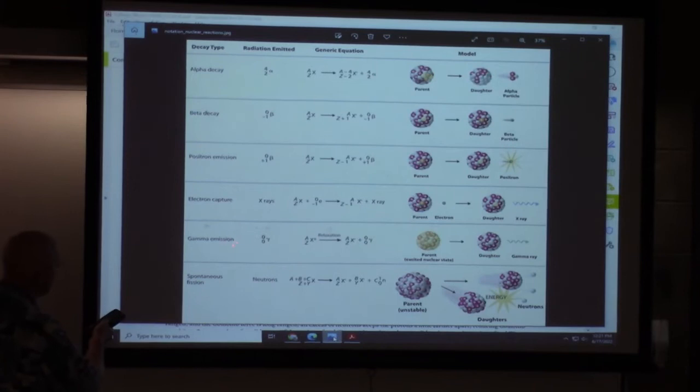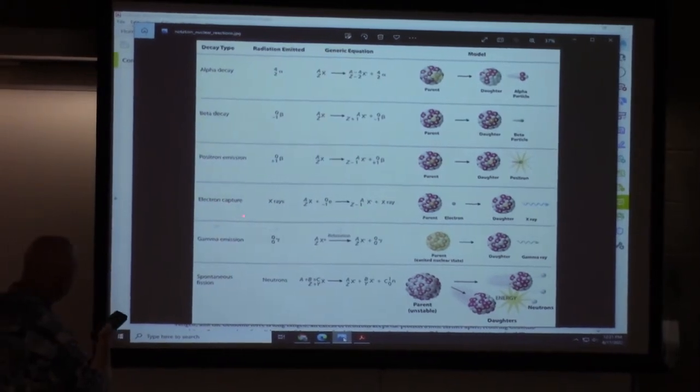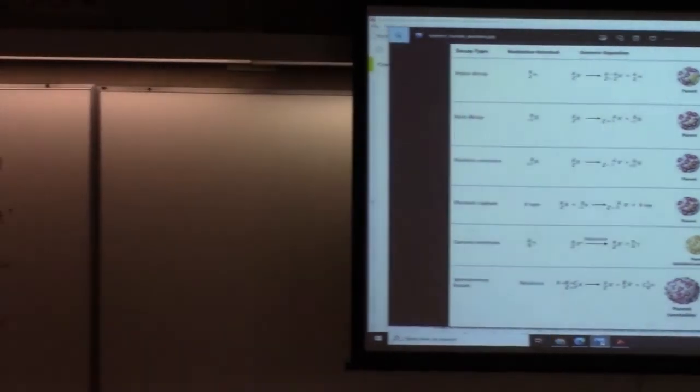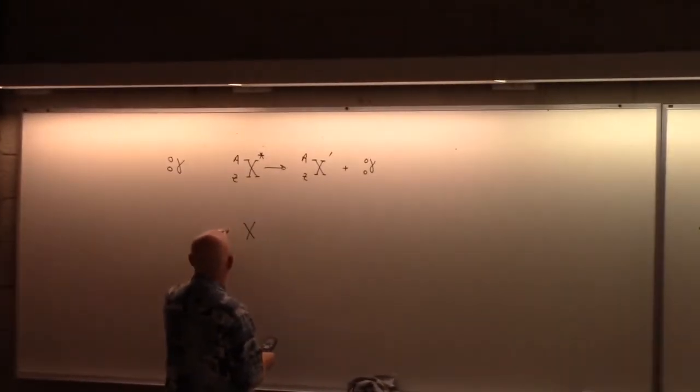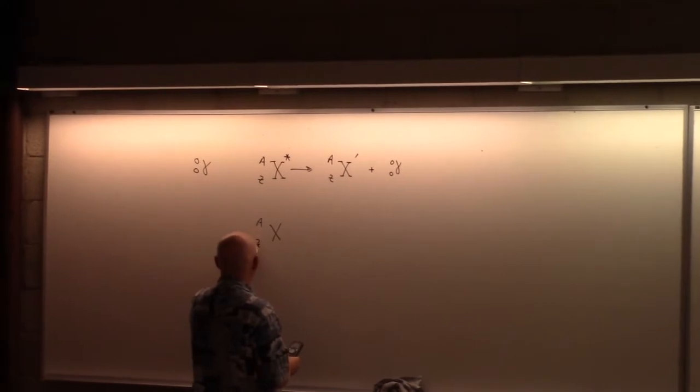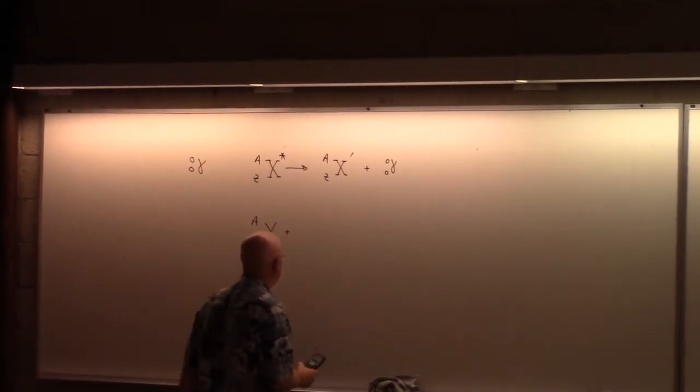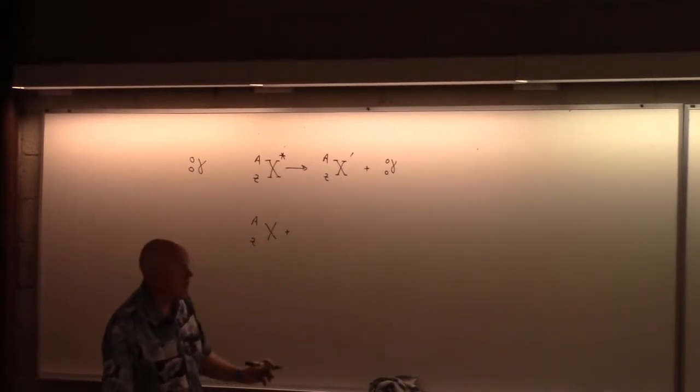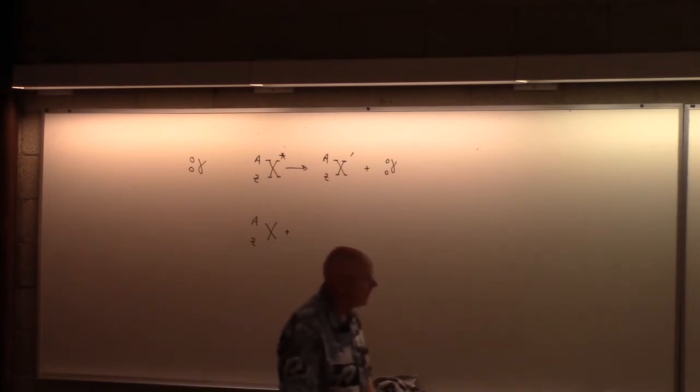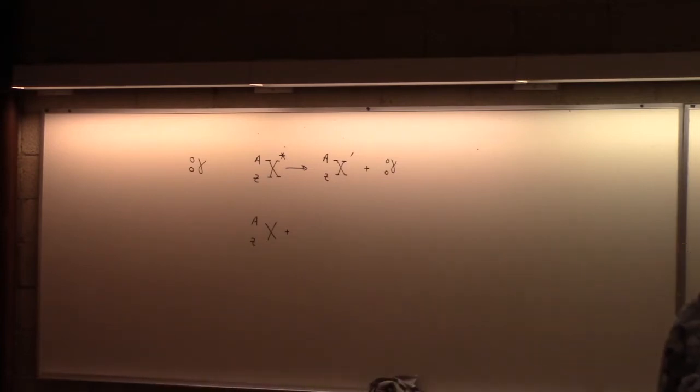In fact, that kind of happens here with our electron capture. And so if you have a parent, and I guess I would say in all these other reactions, I have talked just about the nucleus.